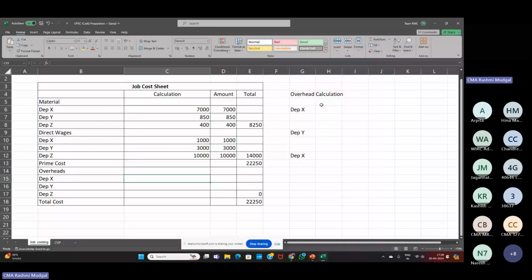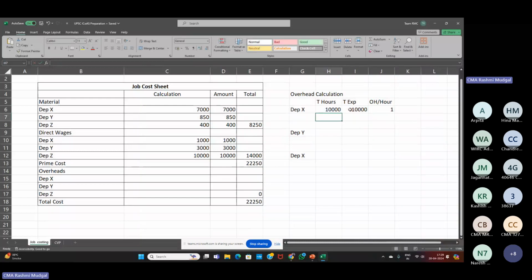In department hours, we can see the total hours is 10,000 and the total expense here is 10,000. So we can see the overhead expense per hour is 10,000 divided by 10,000, again rupees 1.